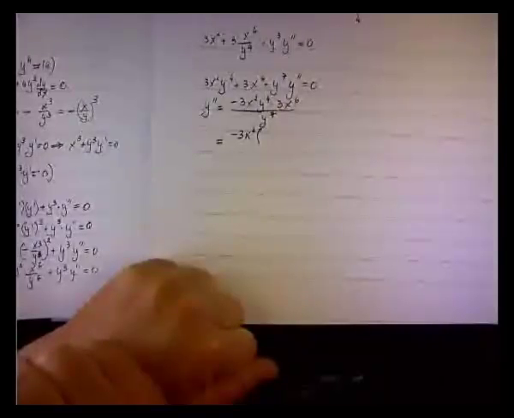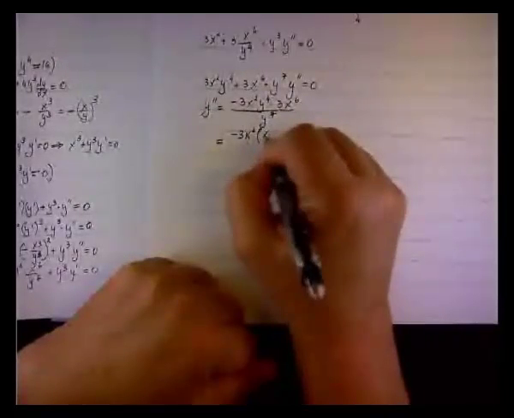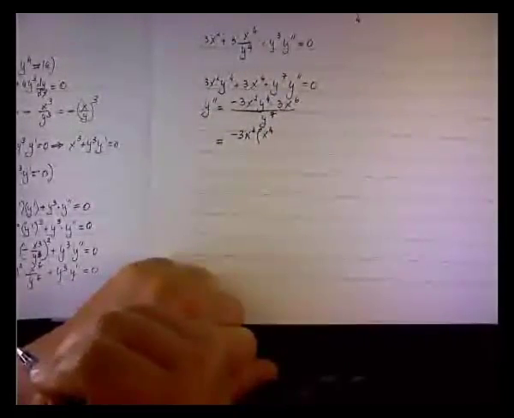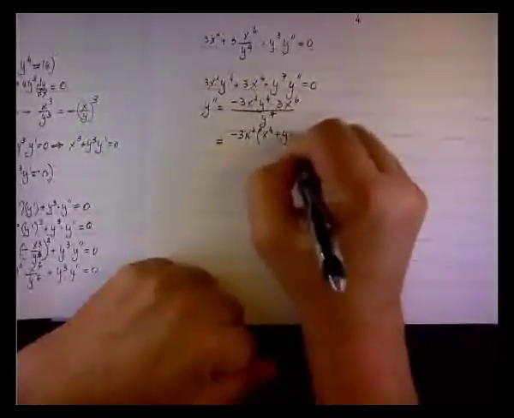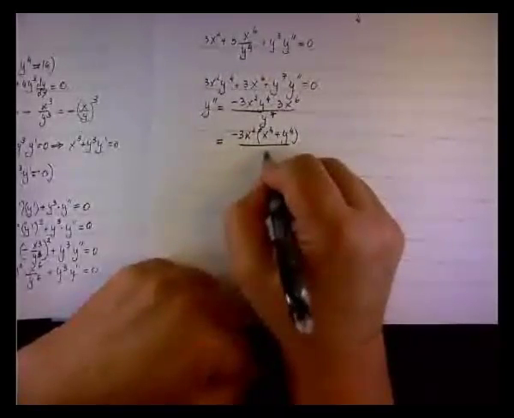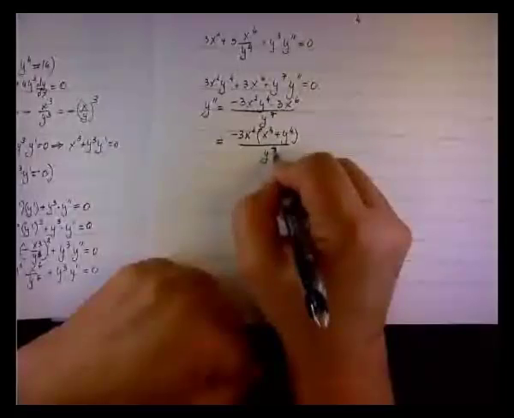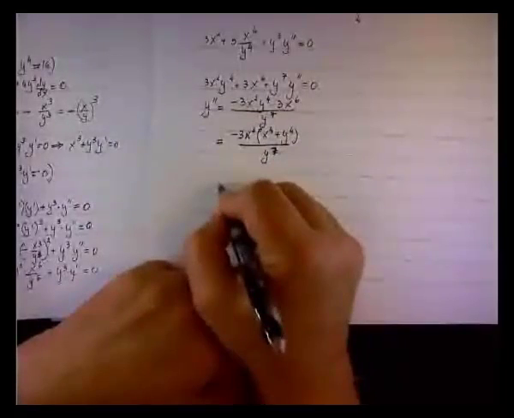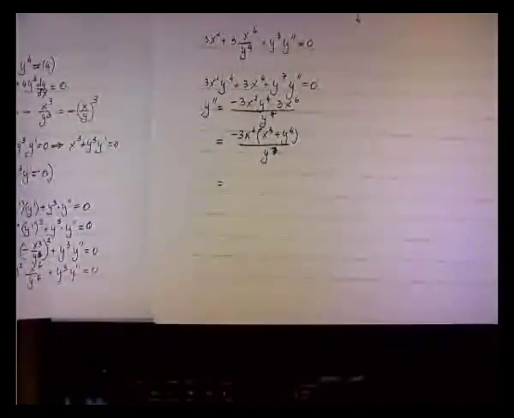Minus y squared, minus x, plus x to the 4th. And what else? Plus y to the 4th. Good. Now, what's the value in writing it like so? What can I do next?